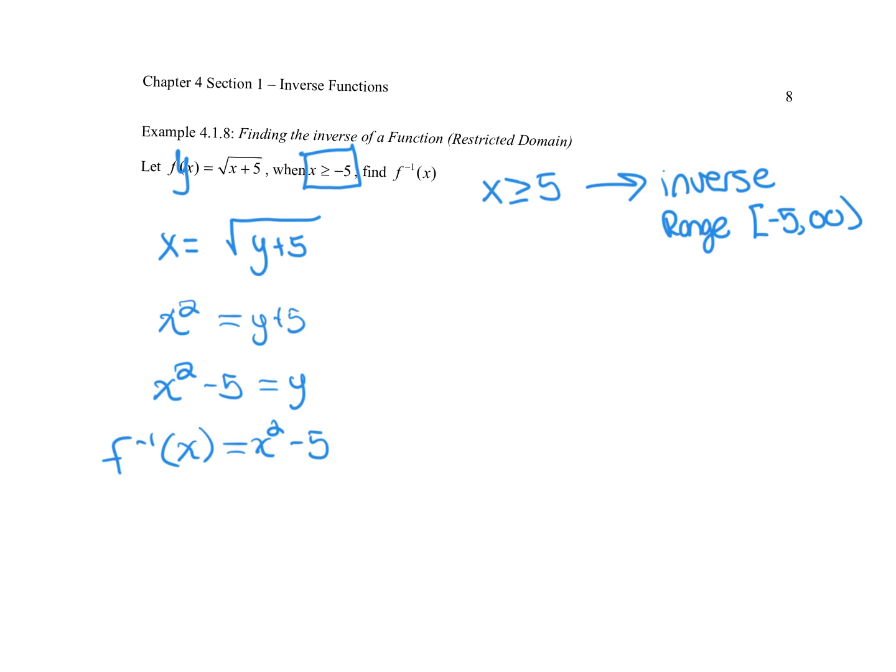Sorry, this should be a negative 5. So when I plug in a negative 5, let's see what happens with the range. On my original, when I plug a negative 5 in there, I get the square root of 0, so the range is 0 to infinity. Well, that range is going to go down here and be the restricted domain of this one, which means this thing's domain is greater than or equal to 0.